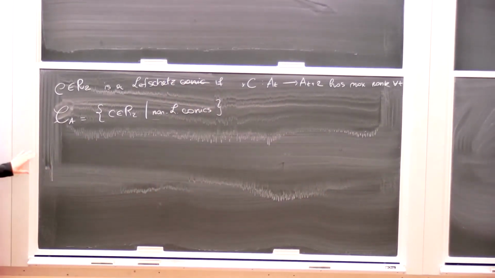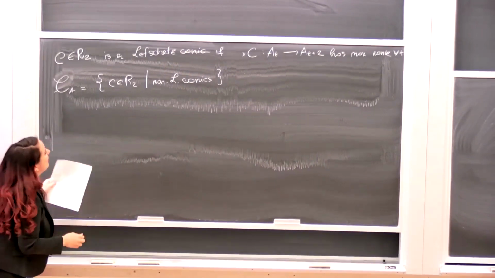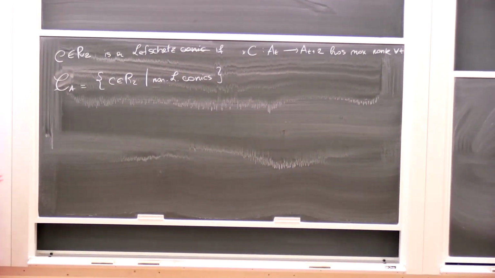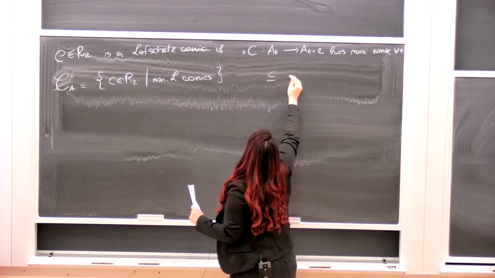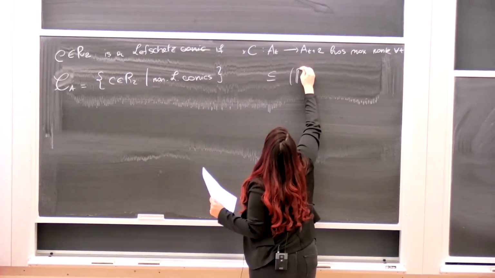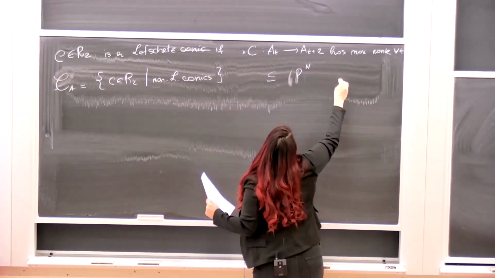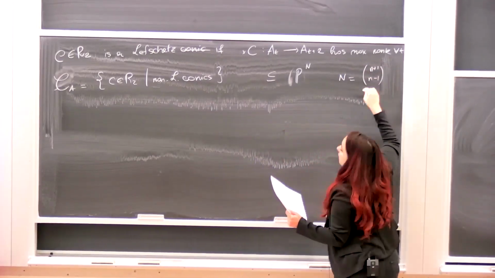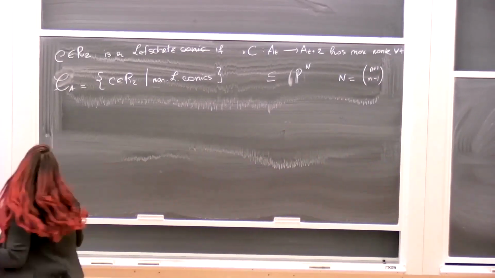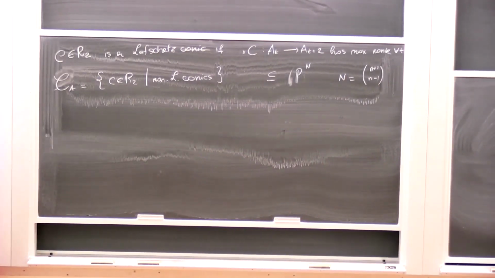Okay, the first thing that I want to do is give a scheme structure to this, because here I can definitely see this as a subset of P^N, where N here is n plus 1 minus 1. But to study this, I want to give a scheme structure, and the idea will follow what is done in the paper on the non-Lefschetz locus in the case of lines.